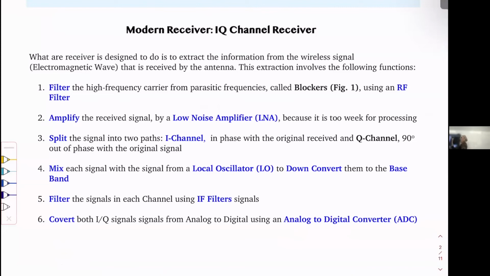The receiver is a system, and each of the things I talked about, the transmission lines, which are important for the connections between the components. An LNA is one component, even if inside it will be multiple components. A filter is a component. A mixer is a component. A local oscillator is a component. And all of them together will make a system.